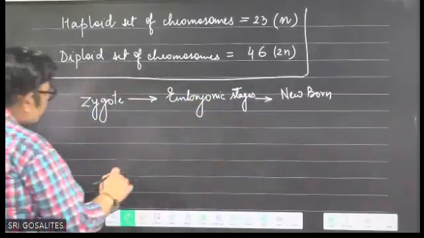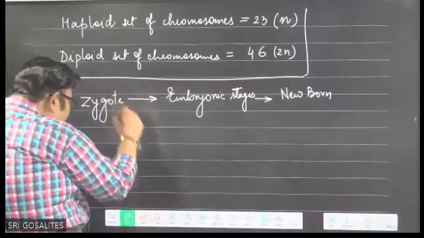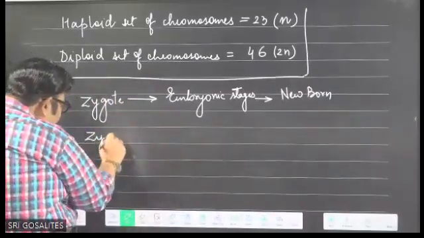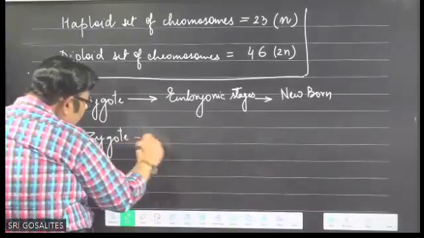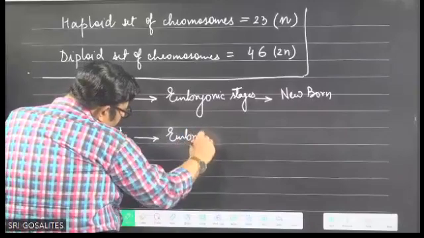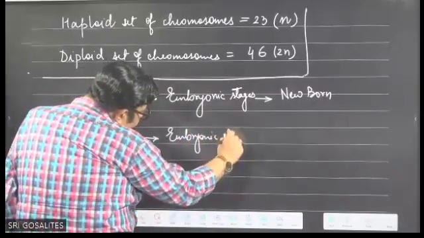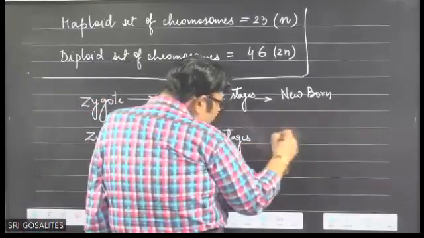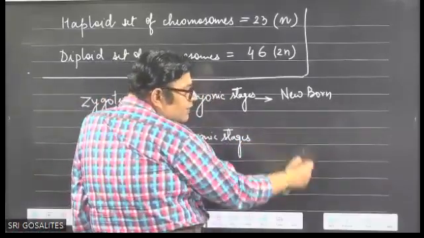Wonderful. In some animals, what happens is, zygote, then embryonic stages, and one of the embryonic stages starts surviving independently.